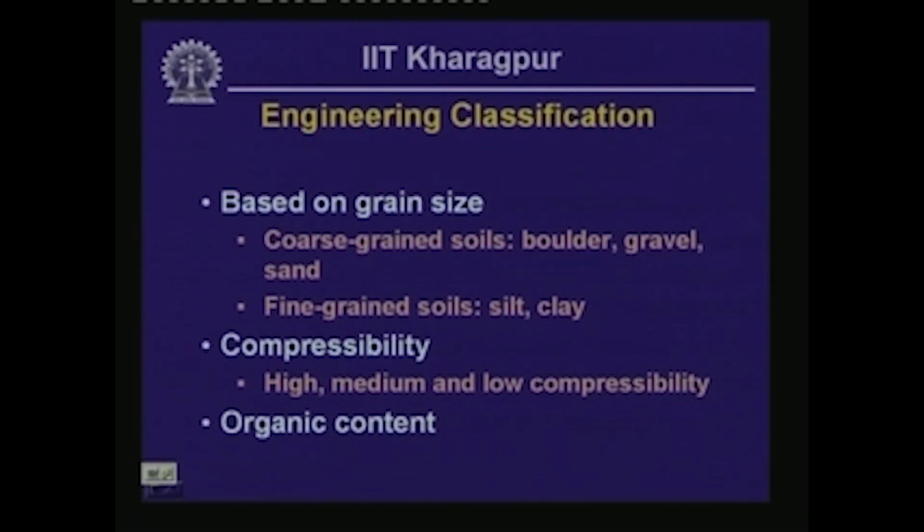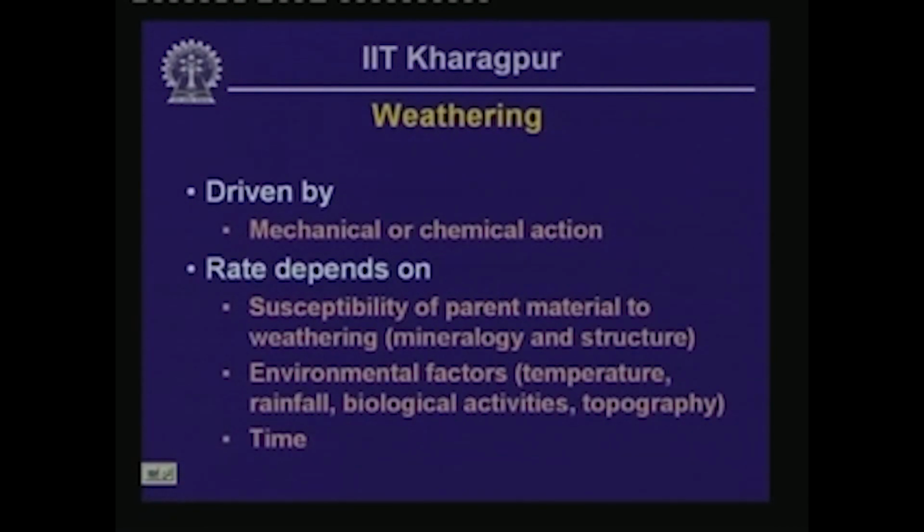Here the classification looks at the grain size distribution mainly, and to some extent at compressibility of the structure and also the organic content of the soil. How the individual classifications of soil will be considered later on in one of the future presentations of this course.